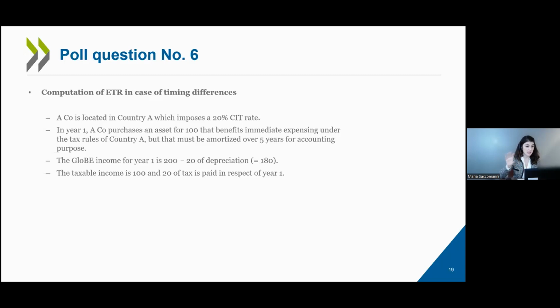So the deferred tax amount is equal to 80 times 15%. So the numerator is equal to 20 plus 80 times 15%, divided by 180. That makes the effective tax rate 17.78%, and so higher than the minimum rate, and so no top-up tax percentage is determined. So the right answer here is letter D.